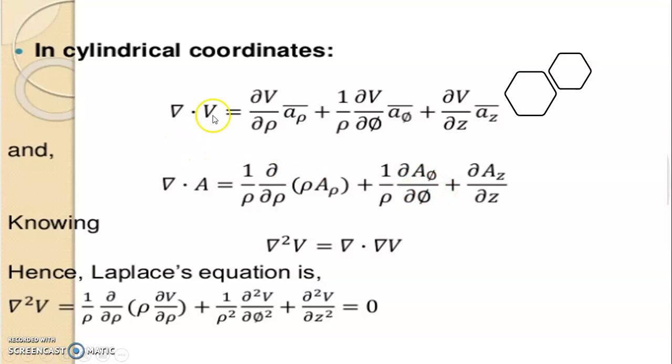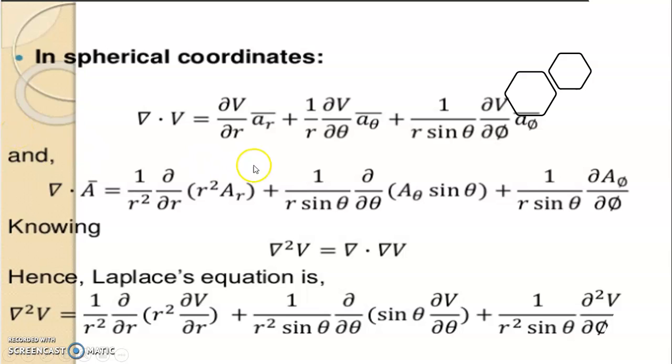So when you take the dot product of these two, you will get 1 upon rho del by del rho of rho del V by del rho plus 1 upon rho square del square V by del phi square plus del square V upon del z square is equal to 0. So learn this formula. It is for the cylindrical system.